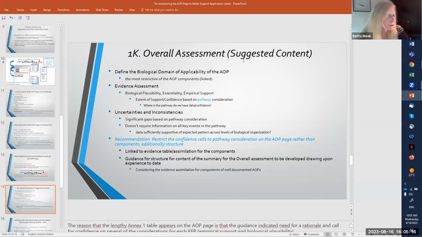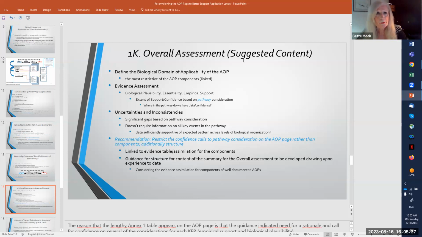What you're really looking for is whether the data are sufficiently supportive of expected patterns across levels of biological organization. And so I think what we probably need to do is restrict the confidence calls to pathway consideration on the AOP page, rather than the components, and additionally structure that.